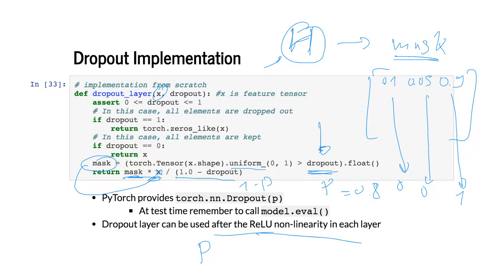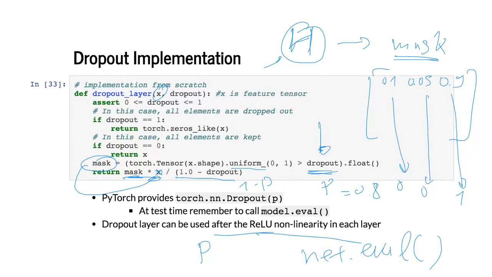This is already done by PyTorch, but you have to be careful to set your model into eval mode. So if your model is net, then you have to do net.eval. Okay, this will set the model in evaluation mode. Then you can take your model and use it on a validation set.